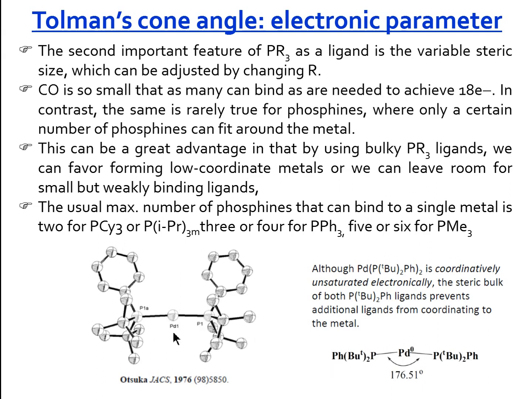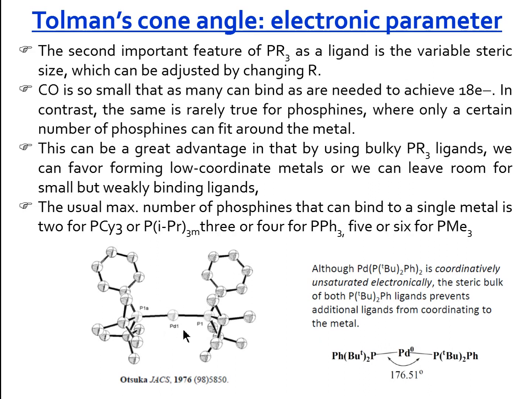Consider, for example, this complex, which is palladium bis(di-tert-butylphenylphosphine). As we observed by X-rays, these phosphines are very bulky groups, sterically demanding. So palladium can have only 2 of this ligand.